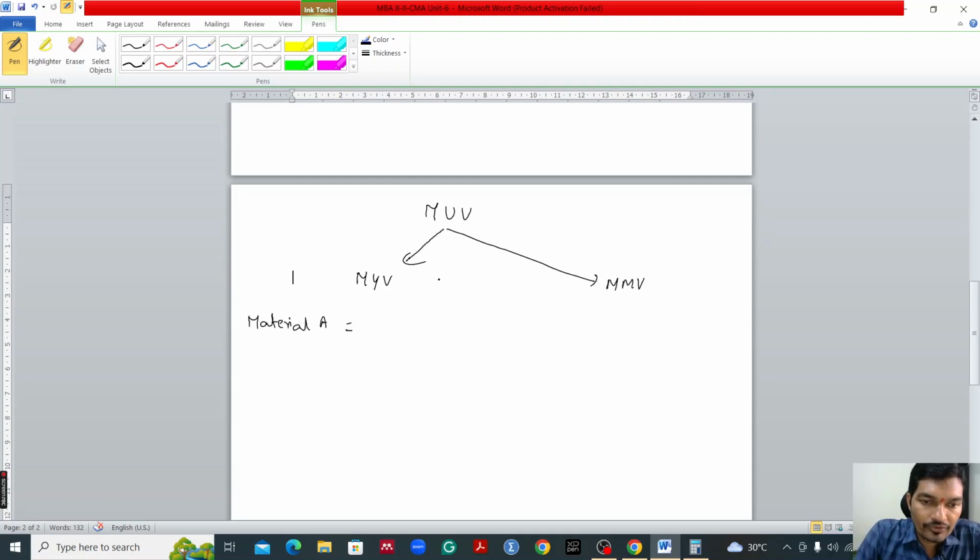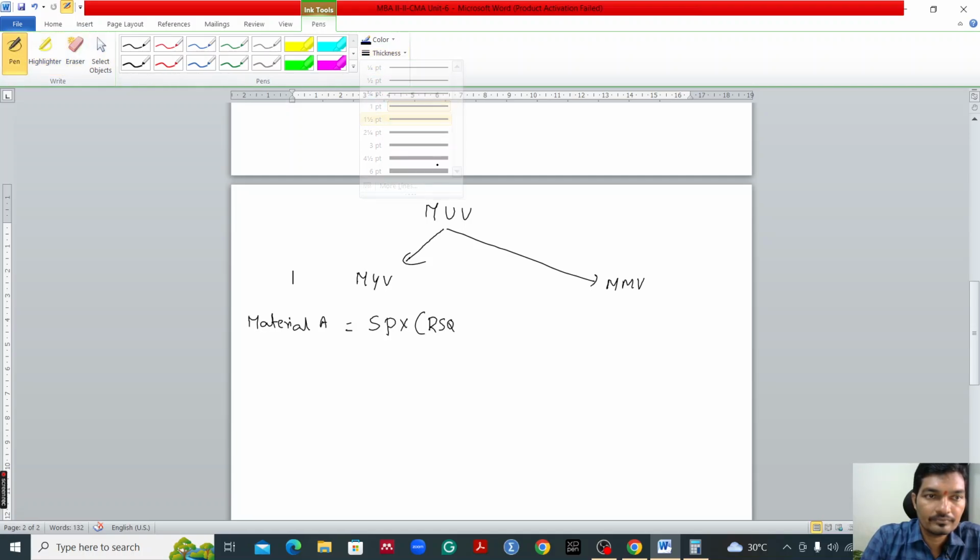The formula we use here, this is a revised model: standard price multiplied with revised standard quantity minus actual quantity.